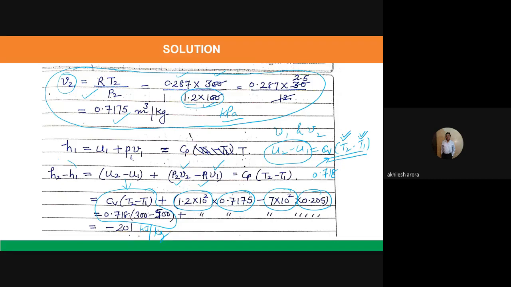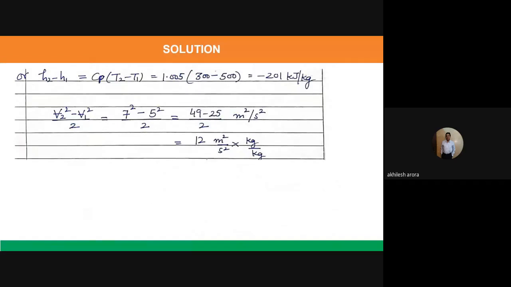This is how I calculated, and this is a difficult way. Rather than doing this, I would have calculated H2 minus H1 directly from the equation Cp into T2 minus T1. The value of Cp for air, which you should always remember, is 1.005, T2 is 300, minus T1 500. So once again you get the value minus 201 kilojoules per kg.